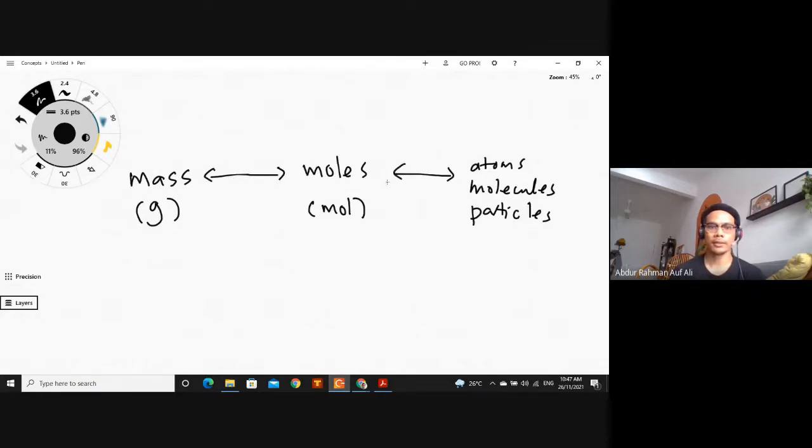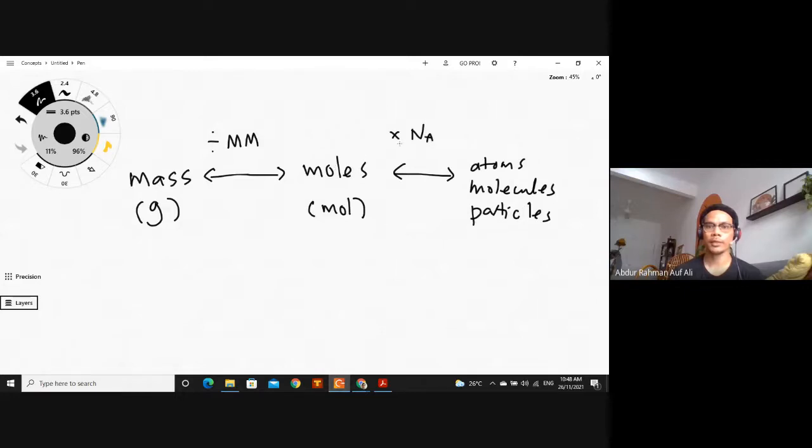Kalau nak cari bilangan mole from mass, kamu ada formula tadi tu, kamu kena bahagikan, divide by molar mass. So bila mass bahagi dengan molar mass, kamu dapat bilangan mole. Daripada bilangan mole, nak dapatkan atom, kamu kena darab dengan Avogadro number.